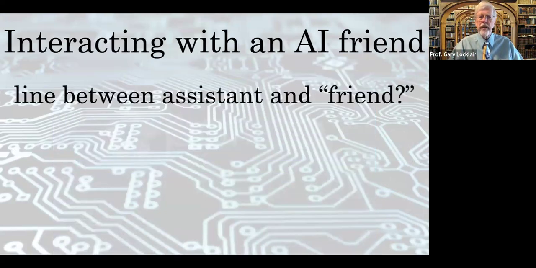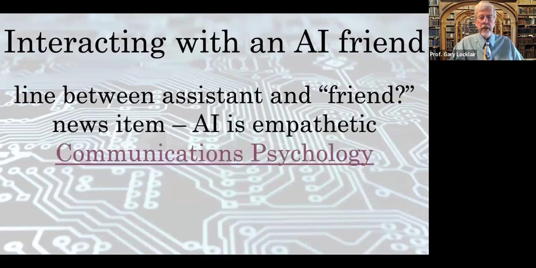And where do we draw that line? Can AI be your friend? Can you interact with artificial intelligence as if you were interacting with another person? Related question. Should you interact with AI as a friend, just as you would interact with another person?